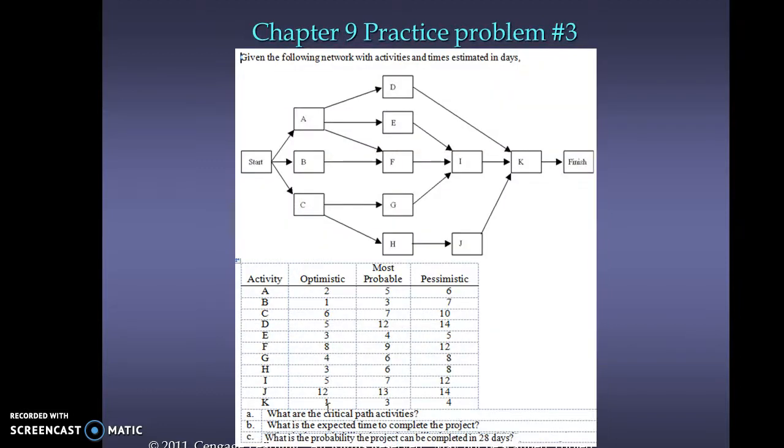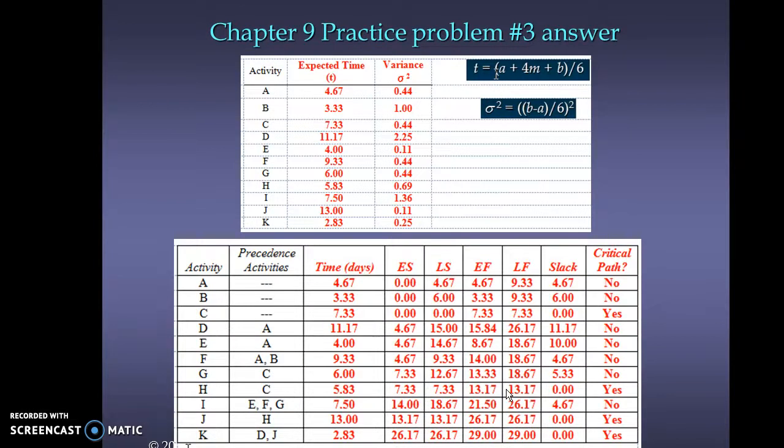All right, I've given you a couple more practice problems associated with the uncertain activity times. This is the network diagram completed, and I've given you the A, M, and B values, and I'm asking you to answer some questions associated with that.